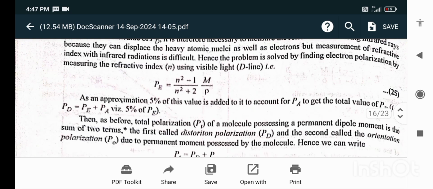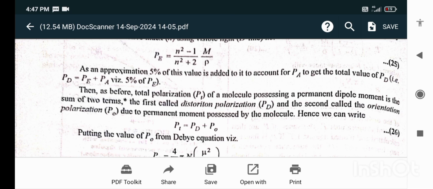As an approximation, 5% of this value is added to it to account for P_A to get the total value of P_D. Then, as before, the total polarization of a molecule possessing a permanent dipole moment is the sum of two terms, the first called the distortion polarization and the second called the orientation polarization due to the permanent moment possessed by the molecules.